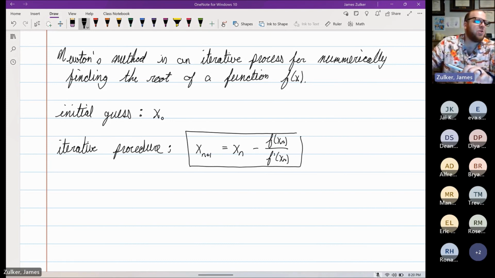So what I'm going to do is I'm going to show you how we can do this on a calculator, and by writing up a simple code using Mathematica.